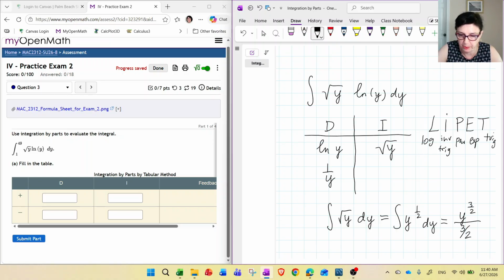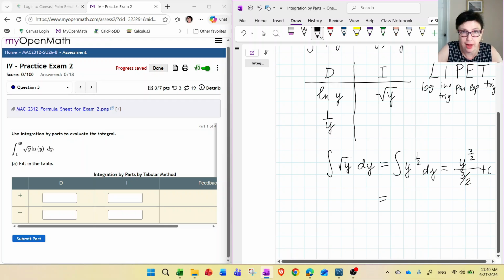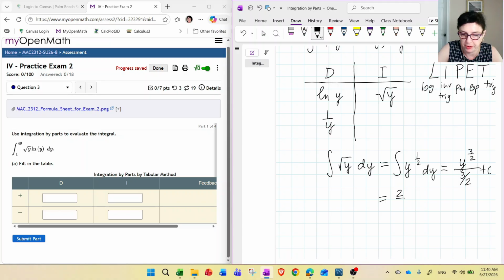You always divide by whatever you get in the power. So 3/2 is 1/2 plus 1. Dividing by 3/2 is the same as multiplying by 2/3. So the final answer there is going to be 2/3 y to the power 3/2. Let's write that here: 2/3 y to the power 3/2.